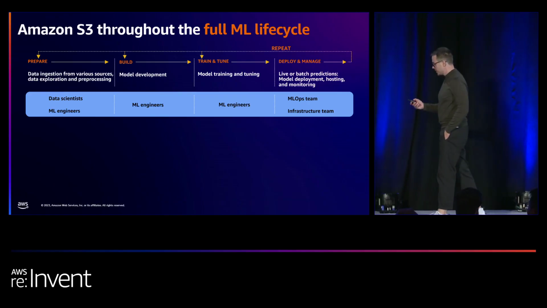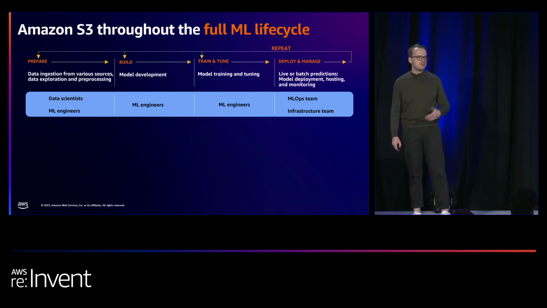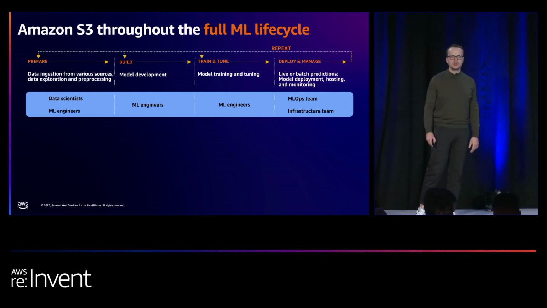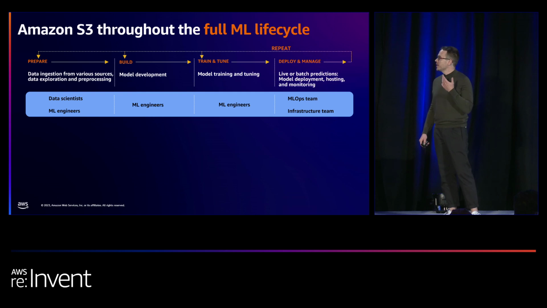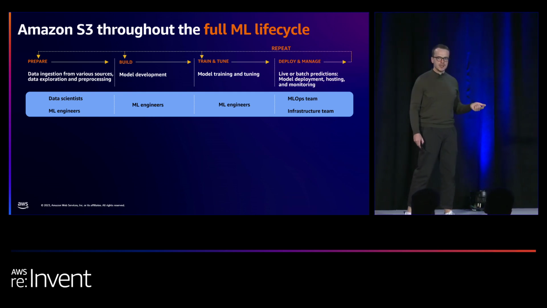In the past 3 years that I've been here at AWS, I've talked to different customers in different use cases, but every single machine learning project usually follows the same cyclical pattern. Everything starts with data ingestion, data exploration, and data preparation.